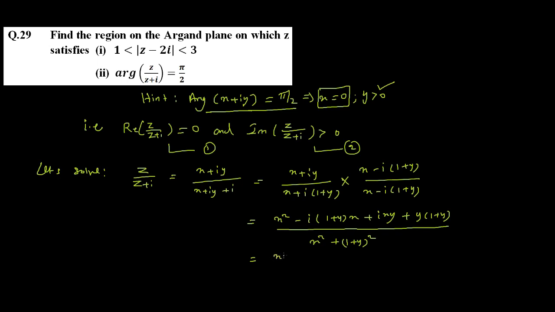This is x square and we have y plus y square. This is the real part, and if you are taking common iota, this is xy minus xy minus x divided by x square plus 1 plus y whole square. And here xy is getting cancelled.